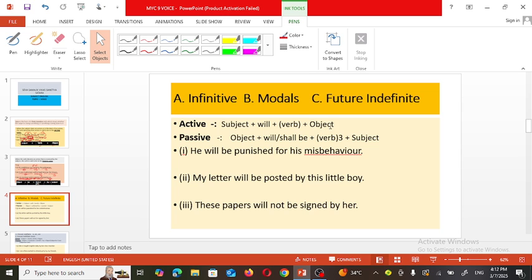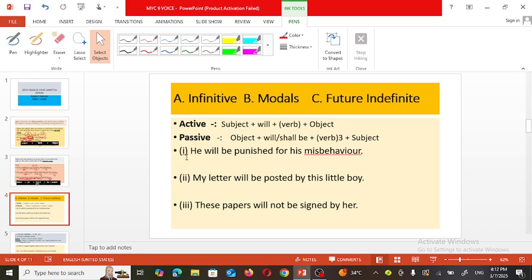So where do we have to make changes when we change the sentence into the passive voice? We must take the object first, then according to the object we take will or shall, along with that be, and the third form of the verb, and then the subject.